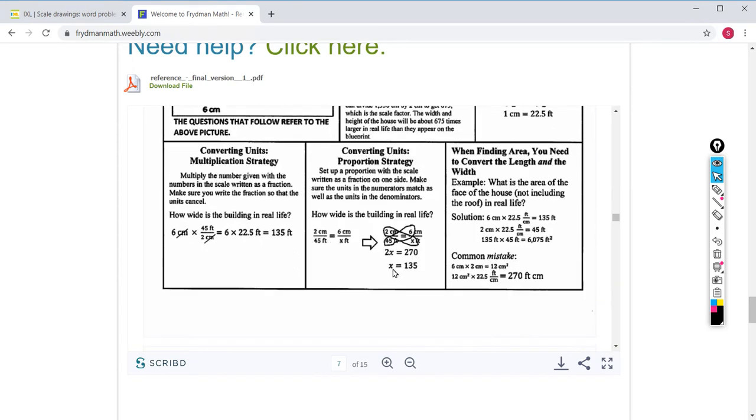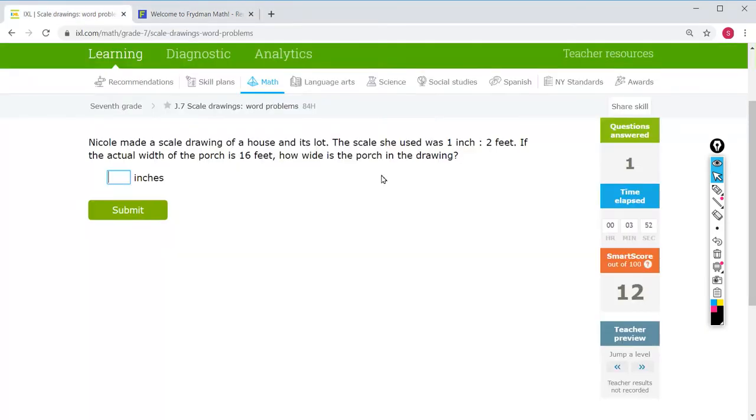And we can use either the multiplication strategy or the proportion strategy. In this video, I'm just going to use the proportion strategy. So we're just setting up a proportion and then we're cross-multiplying and solving. So let's go ahead and do that.